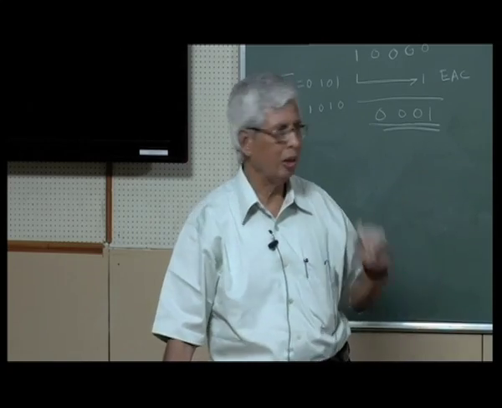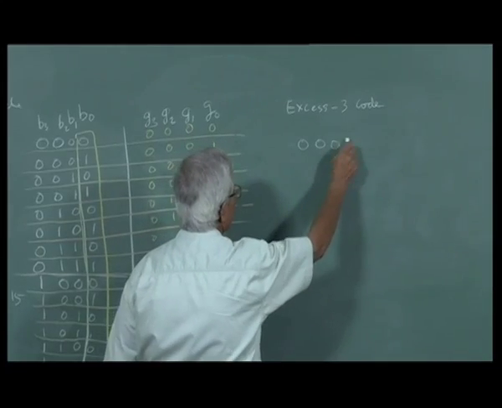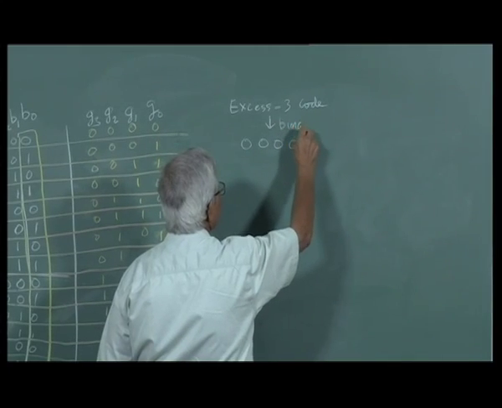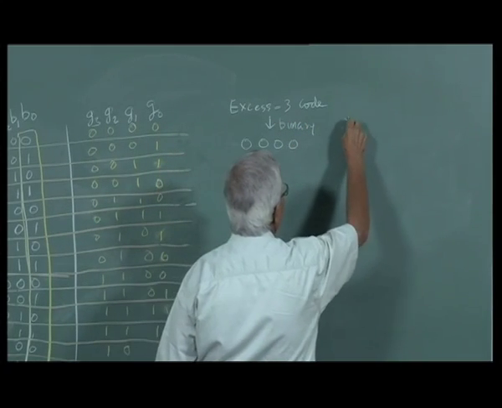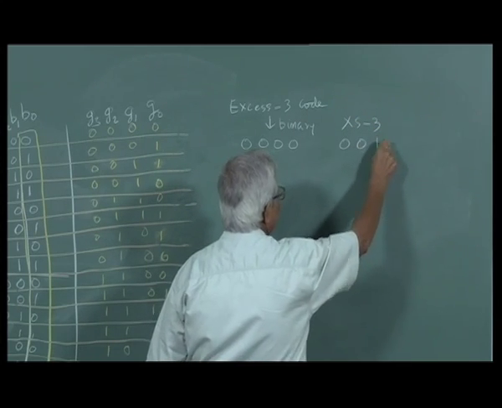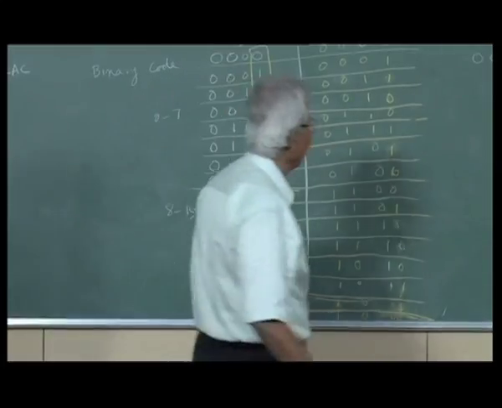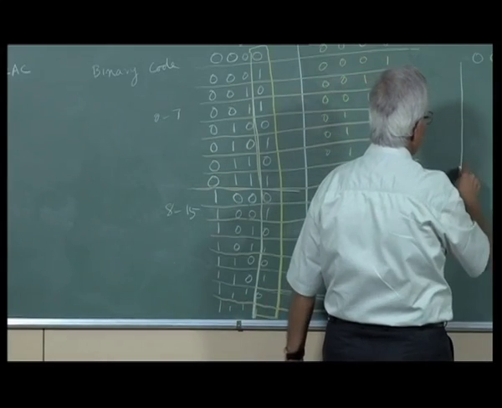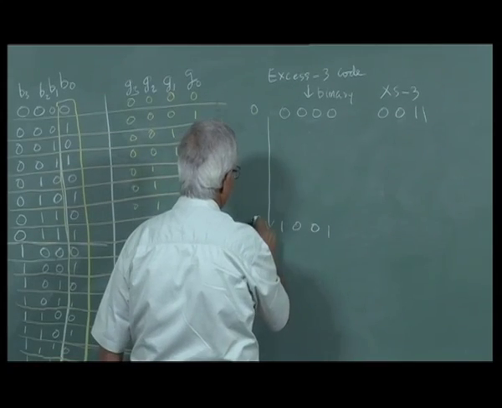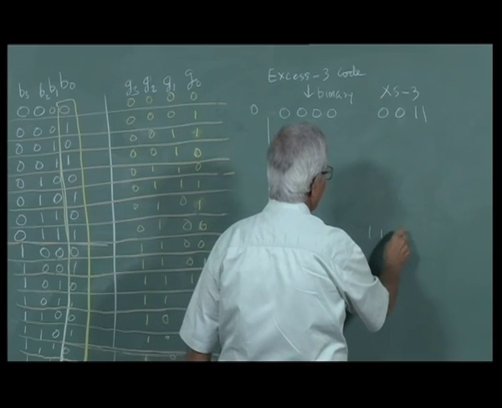For a binary code you give, the XS3 code will be this. Sometimes they write XS3 like this. Add 3. So we will write from 0 to 9. This is 9. This will be 9 plus 3 is 12.